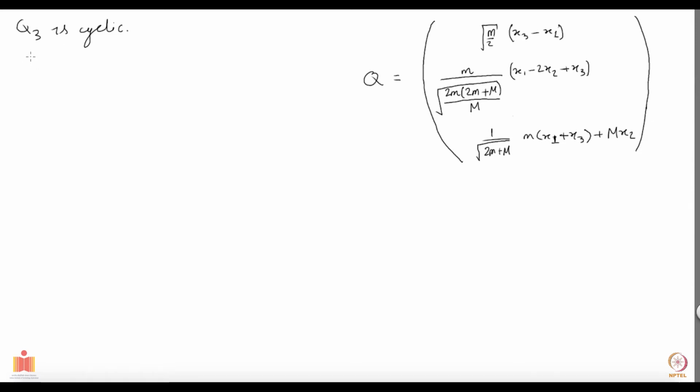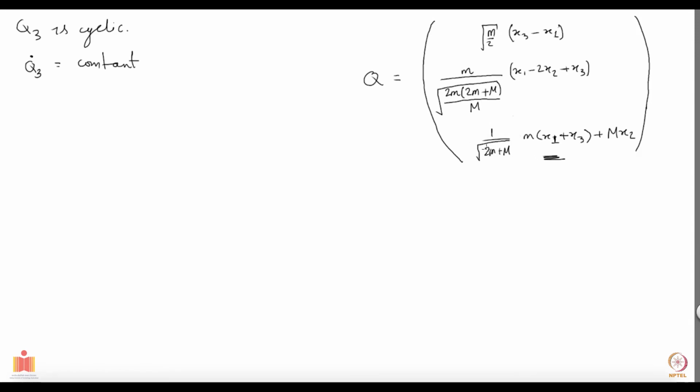And because Q3 is cyclic, the Q3 dot is conserved, meaning this is a constant. That also we have talked about several times, which means that if I take the time derivative of this quantity, that would be a constant.